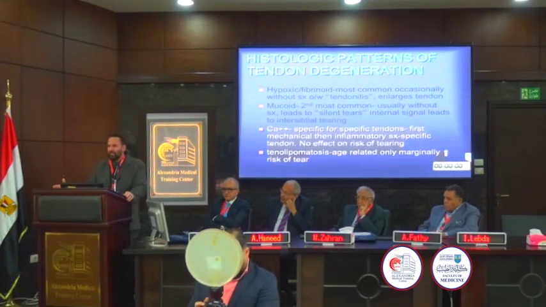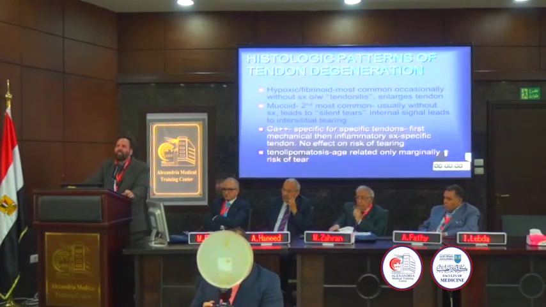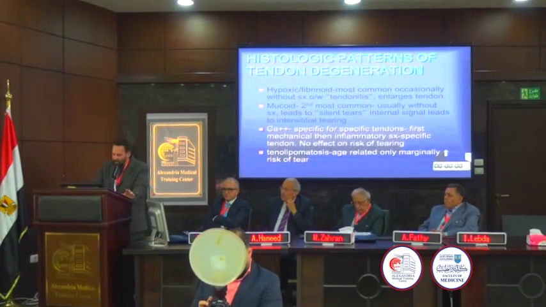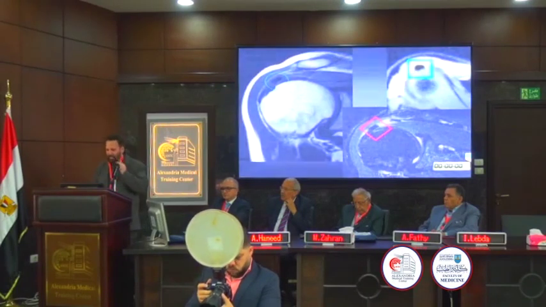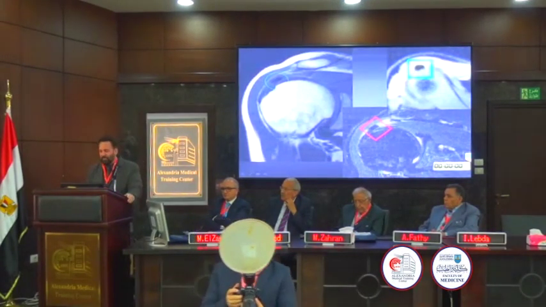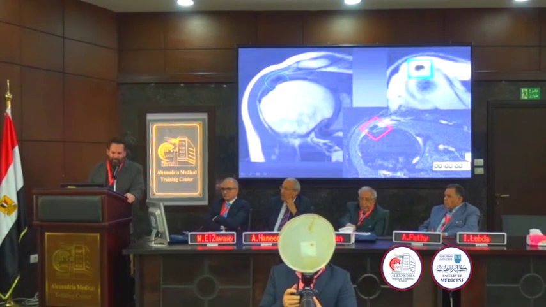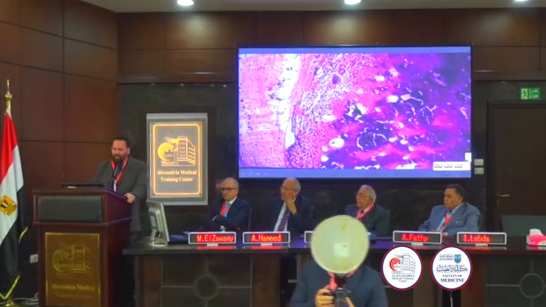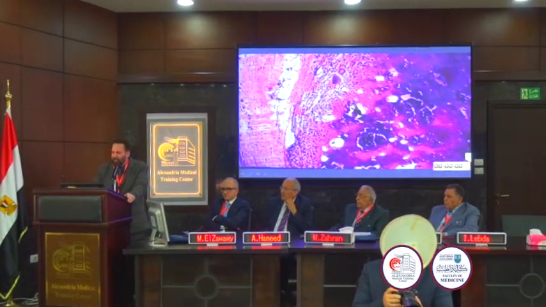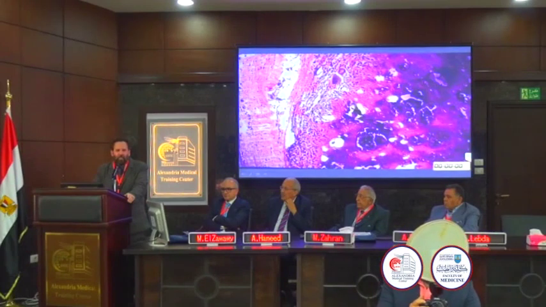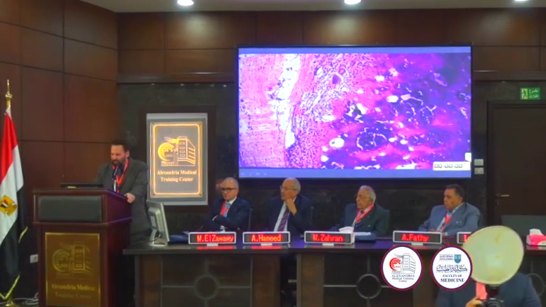Less common. And if you go down the tendinolipomatosis pathway, nothing will happen. And we'll show you that in a second. So here's calcification of the supraspinatus, not very hard to see. And on histology, we see the big crystal of the calcific deposits.